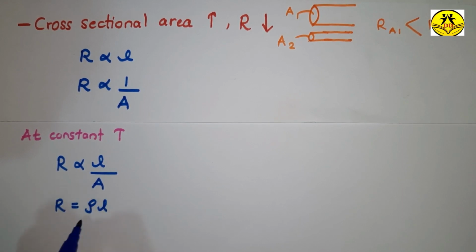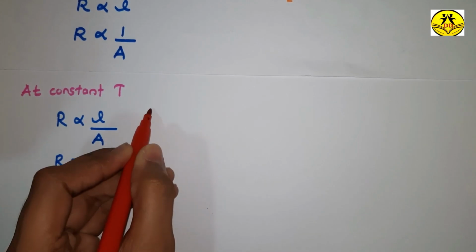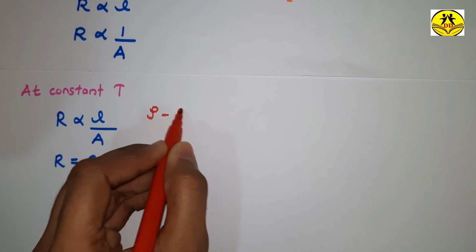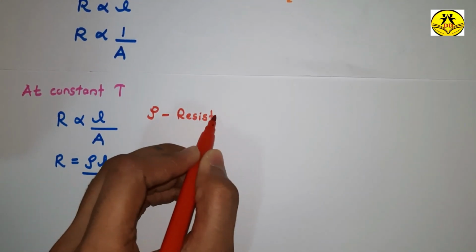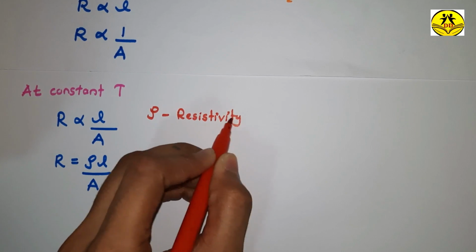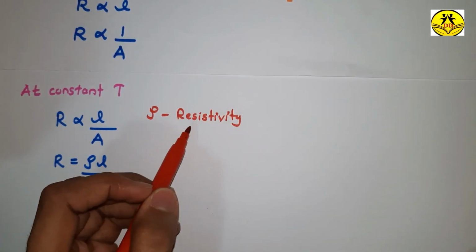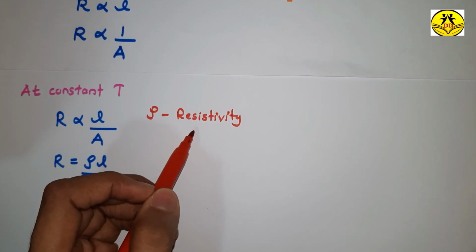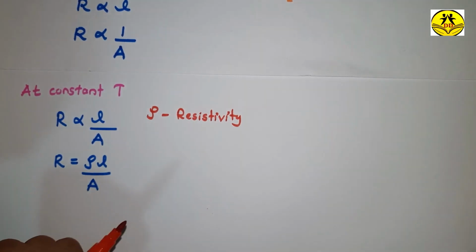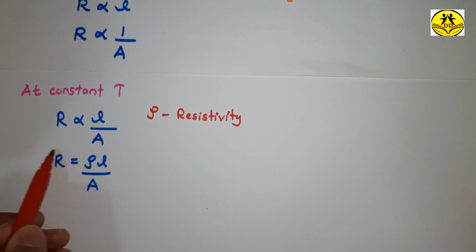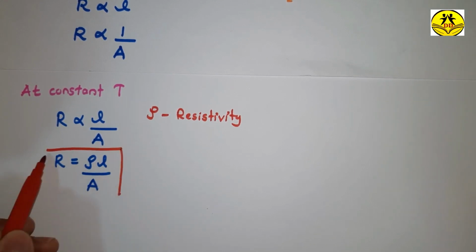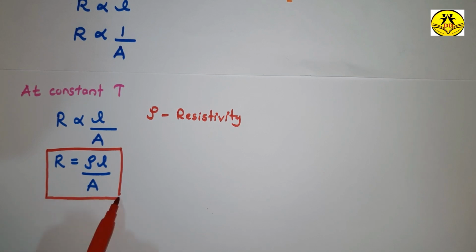What is this rho? It is resistivity of a conductor. This resistivity depends on the material of the conductor and it varies with temperature. So this is the equation you should know for the resistance of a conductor: R equals rho L divided by A.